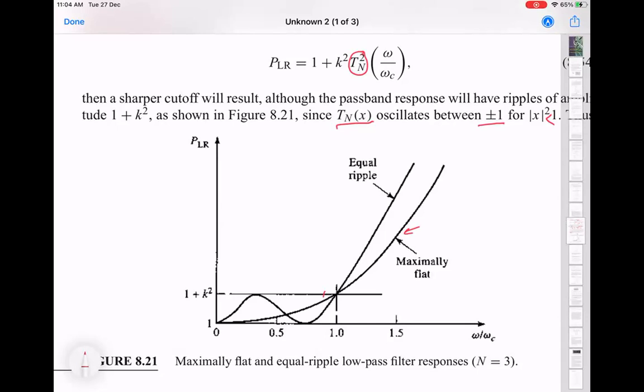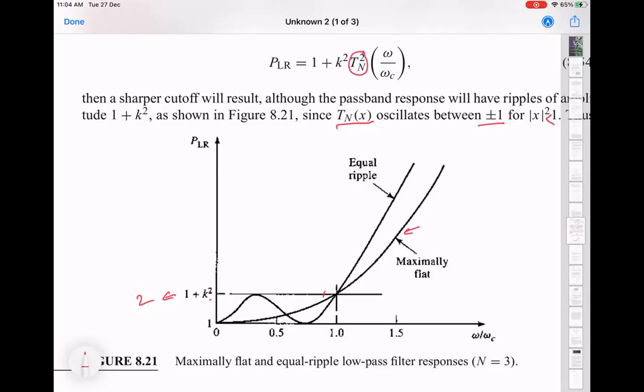So you see insertion loss, instead of varying smoothly and going up to this value 1 plus k square, which for most of us will be 2, oscillates between 1 and 2. In this case, there's one period of oscillation, but that basically depends on the order one is using.